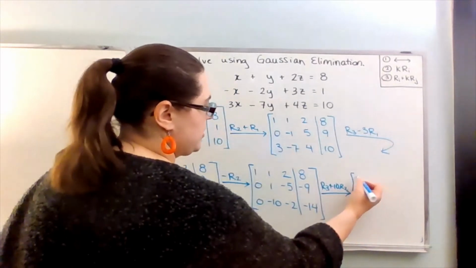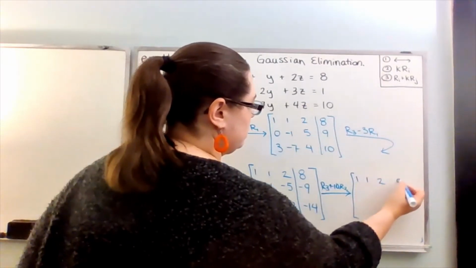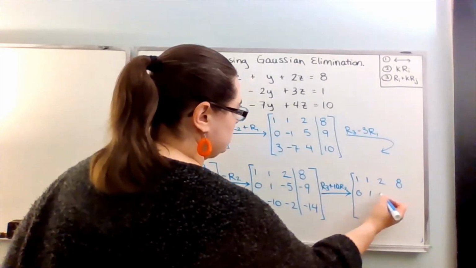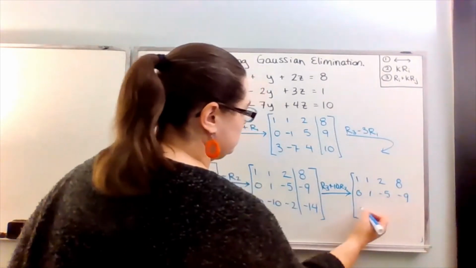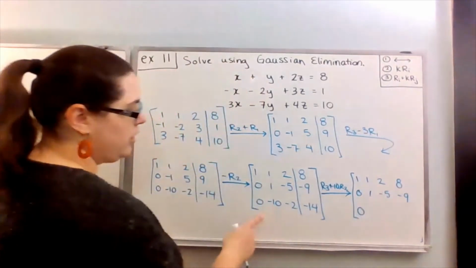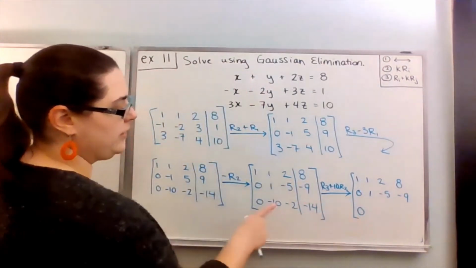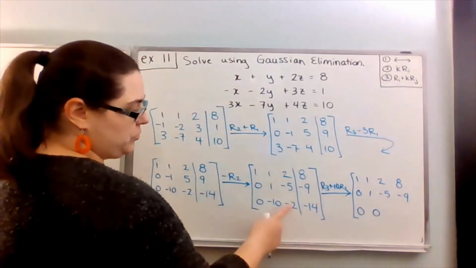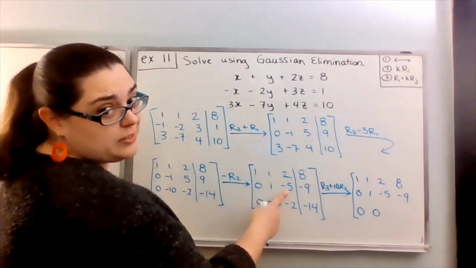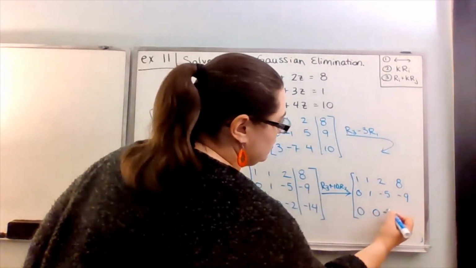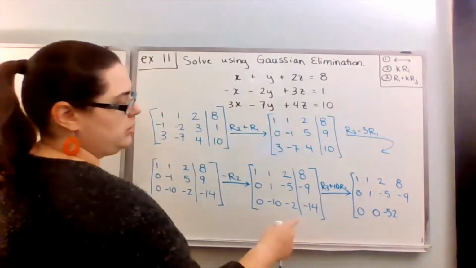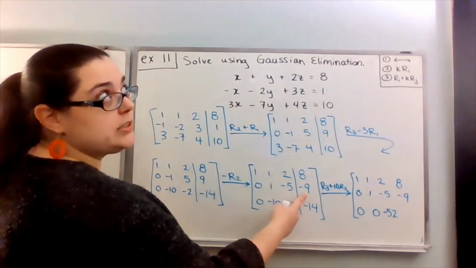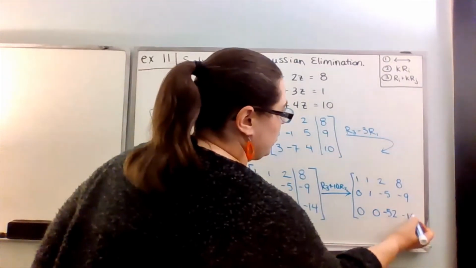The first 2 rows stay the same. 0 and 0 is 0. -10 and 10 is 0. -2 minus 50 is -52. Oh gosh, -14 minus 90 is going to be -104.